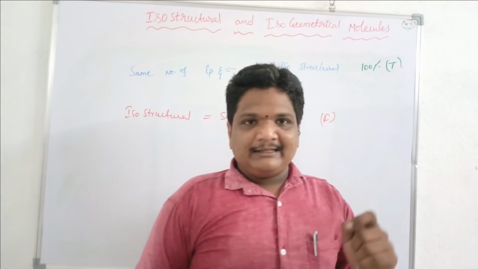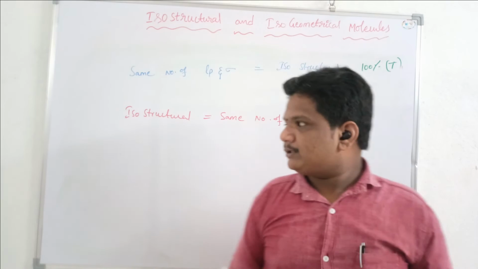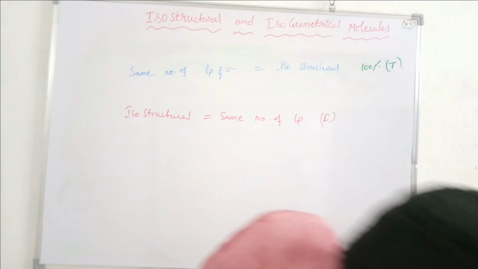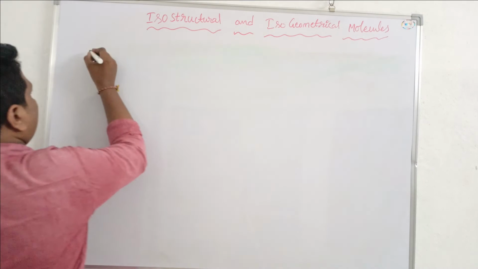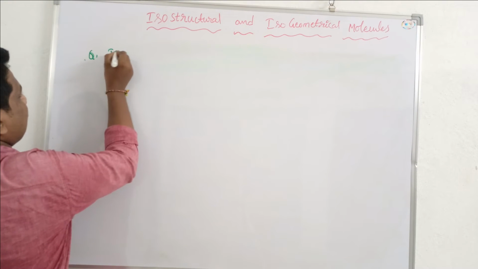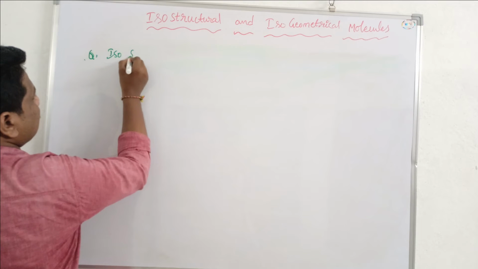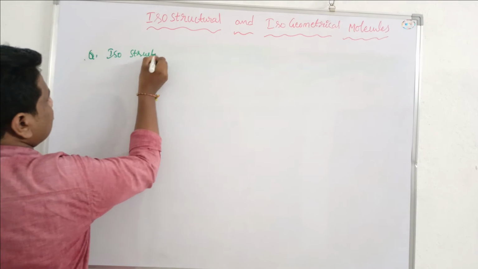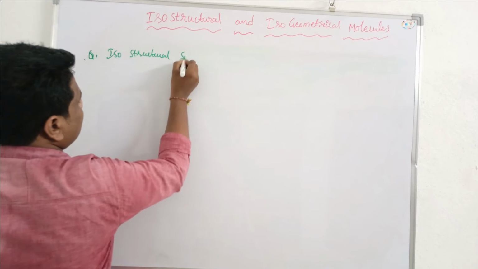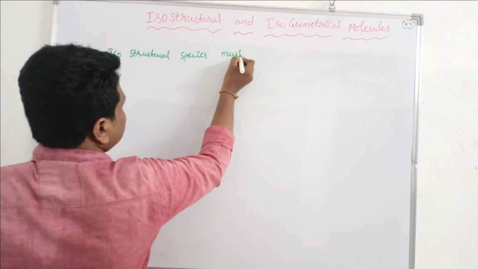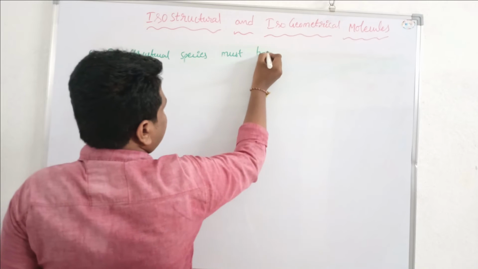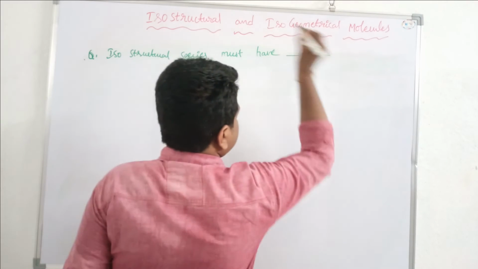Now let us see one question based on this. The question is: isostructural species must have dash.